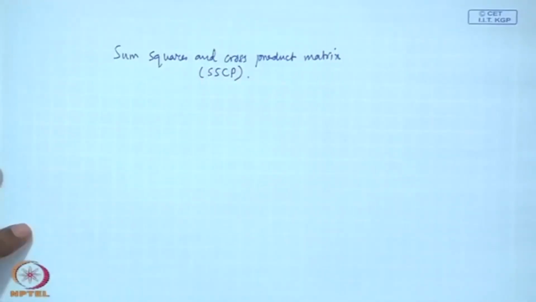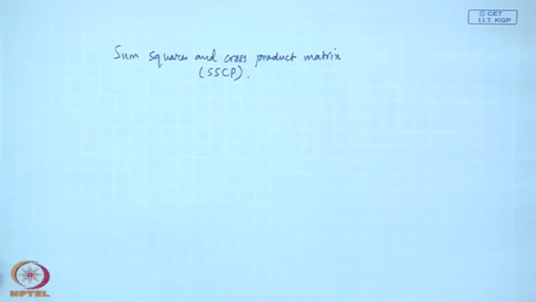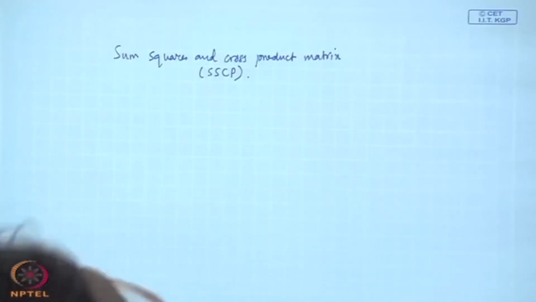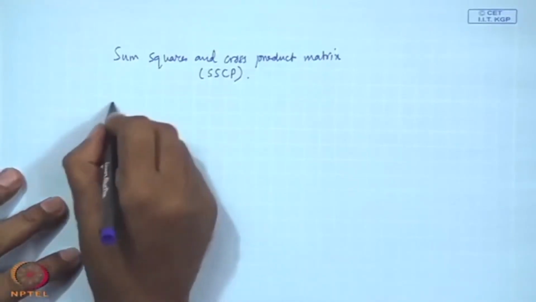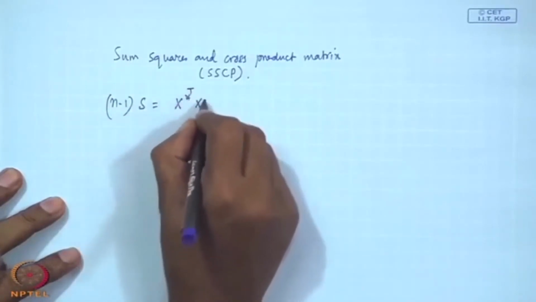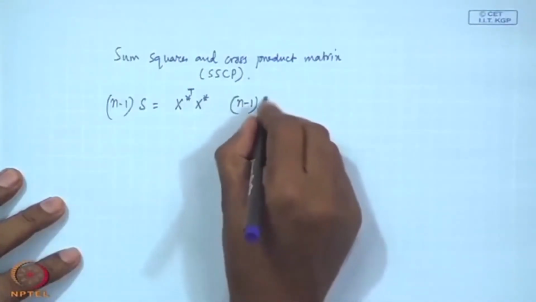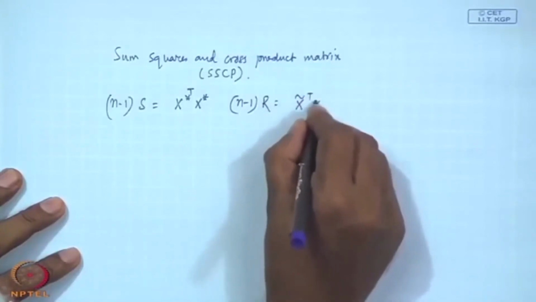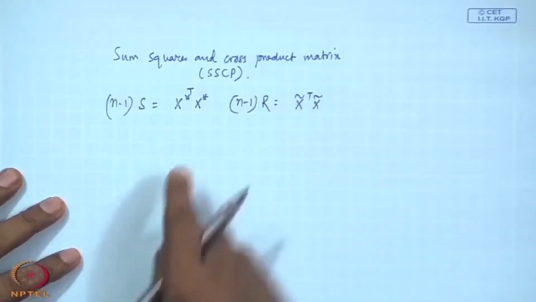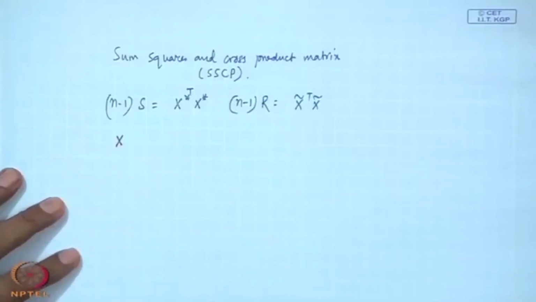When you calculate the covariance matrix and correlation matrix, we have used the formula n minus 1 times S equals X star transpose X star, and n minus 1 times R equals X tilde transpose X tilde, where both X star and X tilde are transformed matrices from the original data, which is X.